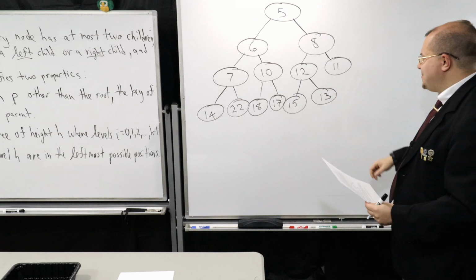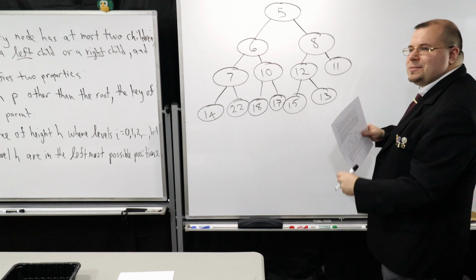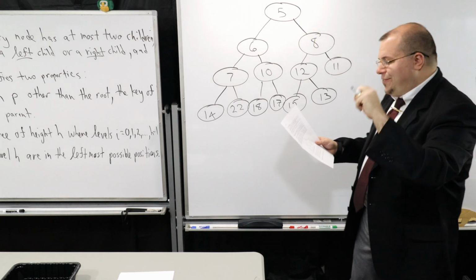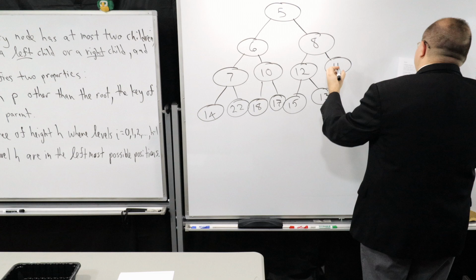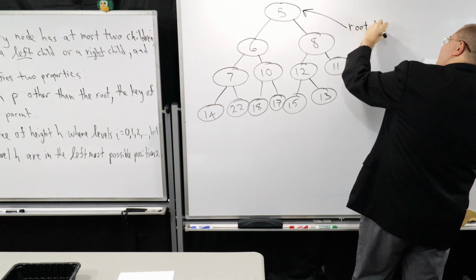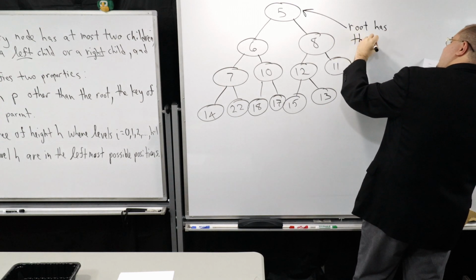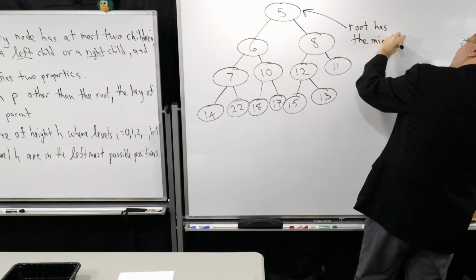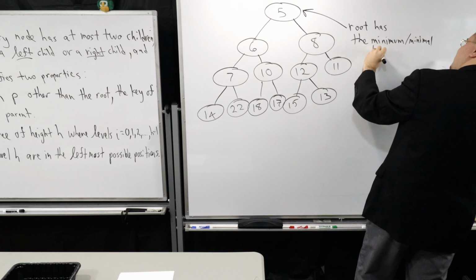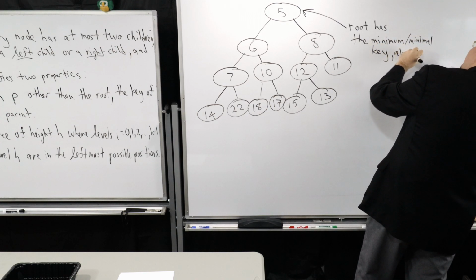It's the root. This is going to be a very important property for us. So notice that the root has the minimal key always.